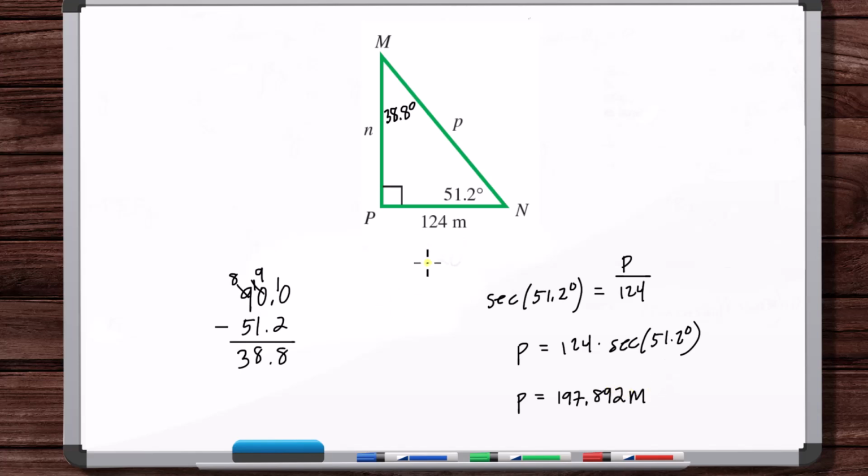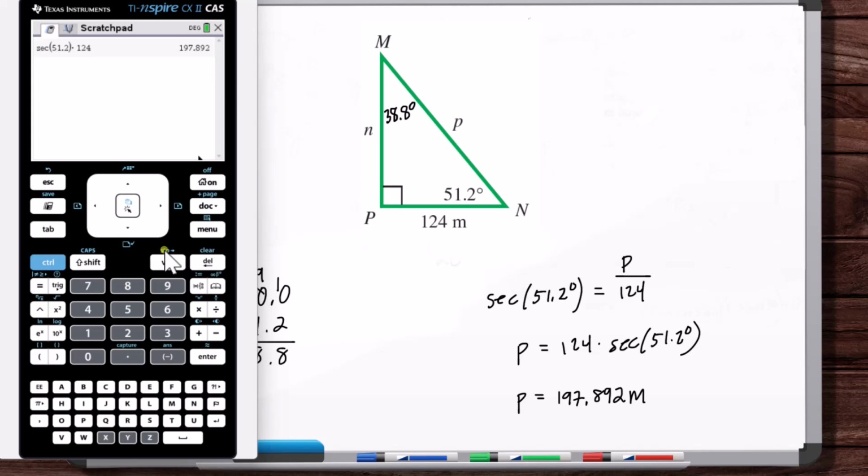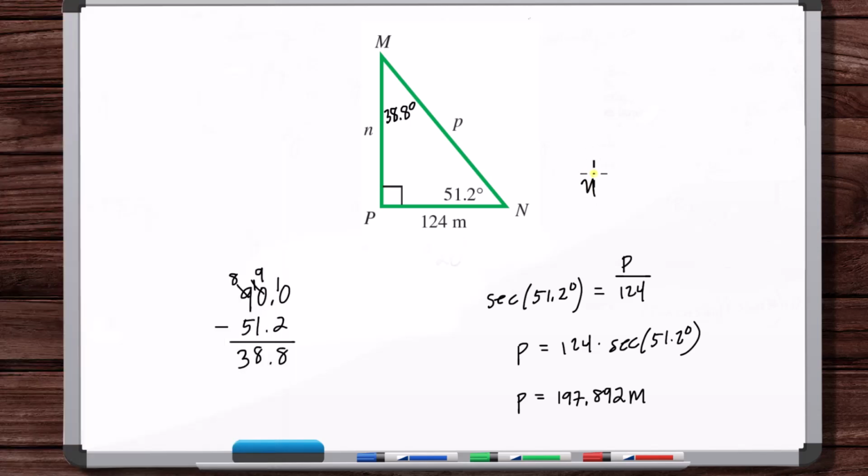Okay, now we could use the Pythagorean theorem, or we could use any other trig function. Let's just do the Pythagorean theorem. So, okay, well, let's write it out. N squared plus 124 squared equals P squared. So, we just need to subtract 124 squared from P squared.